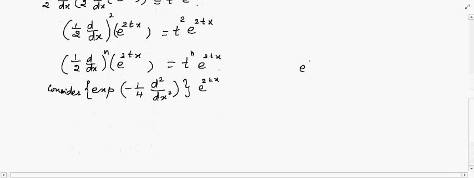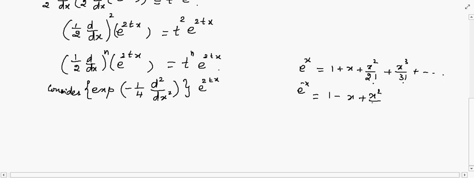We know that e power x is equal to 1 plus x plus x square by 2 factorial plus x cube by 3 factorial plus etc. E power minus x means 1 minus x plus x square by 2 factorial, this term will be minus, so x cube by 3 factorial plus etc. Or in summation notation, this is nothing but sigma n equal to 0 to infinity 1 by n factorial into minus x whole power n.